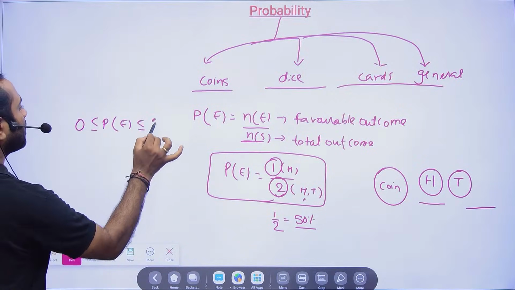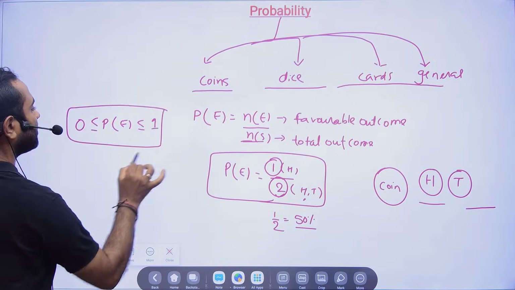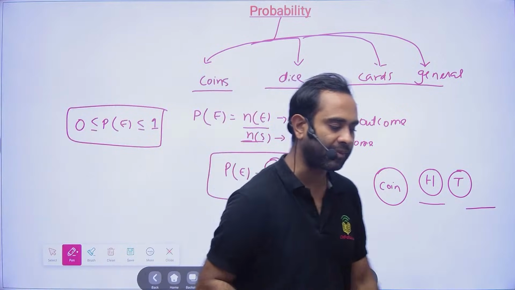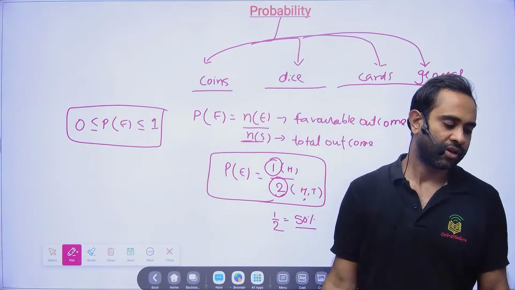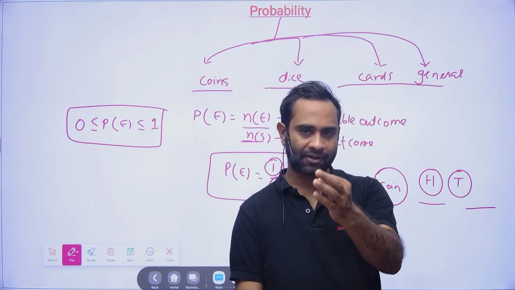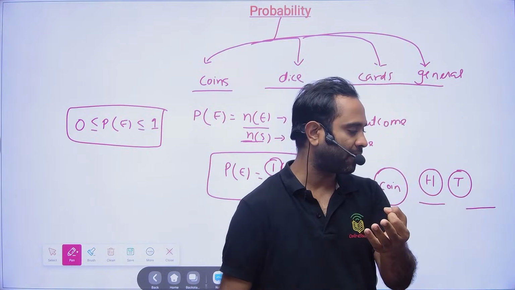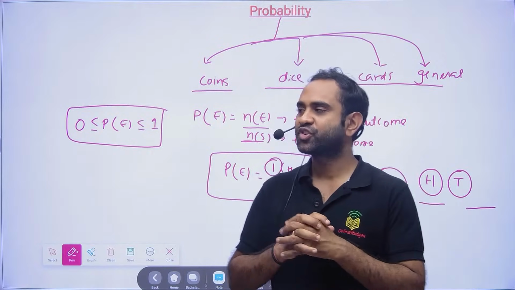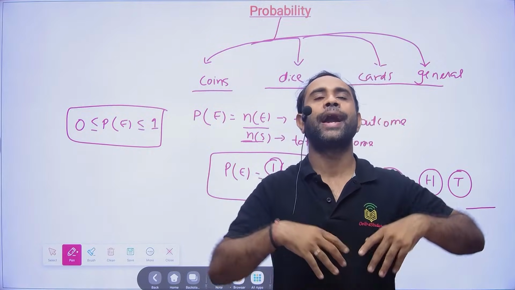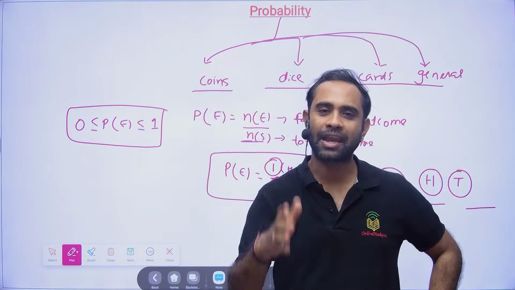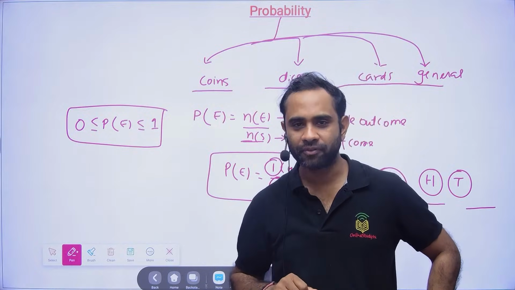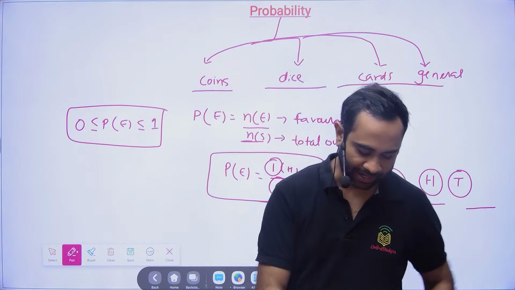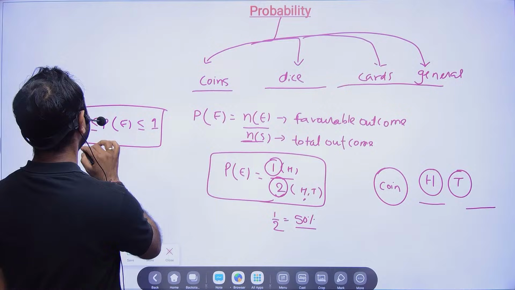Can you tell me when your probability will be 0 and when it will be 1? If I am standing in the west direction and waiting for the sun to rise, that is an impossible event. For an impossible event the probability will be 0.